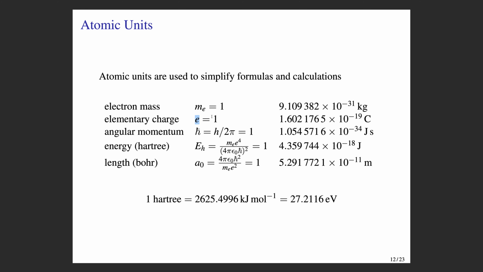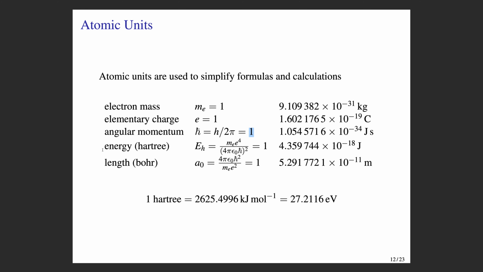The charge of an electron, or the elementary charge I should say, takes on the value of 1. Planck's constant divided by 2 pi, this is called h bar, a very common parameter in quantum mechanics, is assigned the value of 1, but all of these quantities have different values, of course, in the SI unit system.